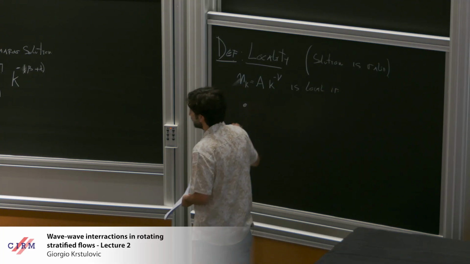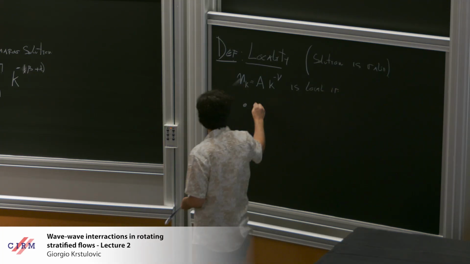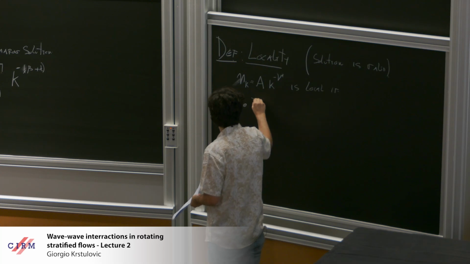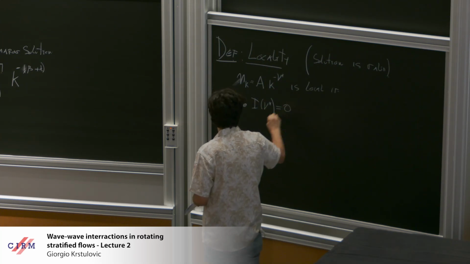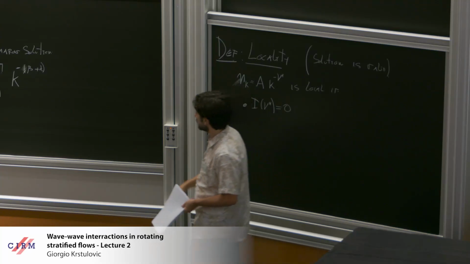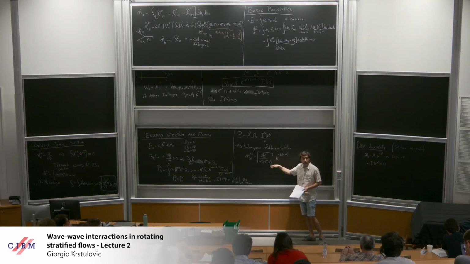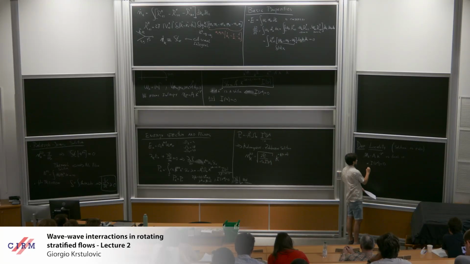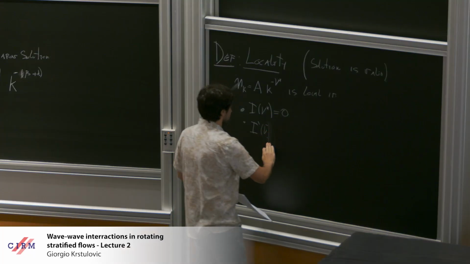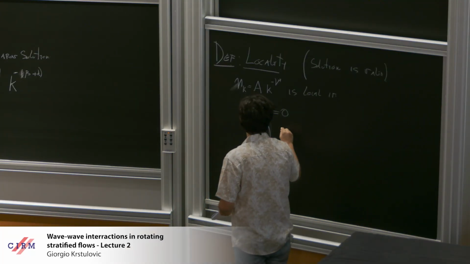First of all, you need that I of nu star to be 0, and you know that you need to differentiate it around this solution in order to do this L'Hopital rule. This derivative should exist.